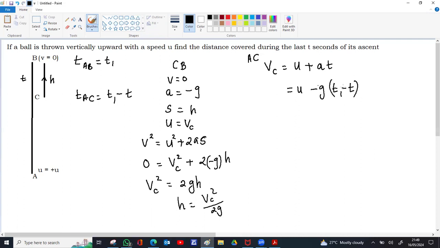In that we don't know what T1 is. T1 we can find by considering complete AB, where u is u only, v is 0, a is minus g, and we need the time, the total time T1.